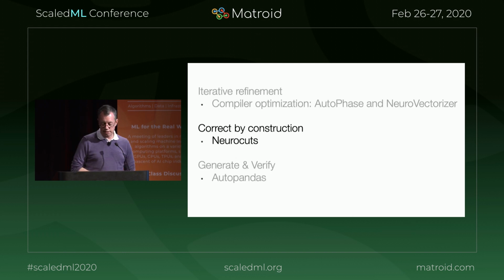I have only another 10 minutes to go through the other two examples. I presented an early version of this last year, so I'm just going to show you some of the new results. The second approach was correct by construction.